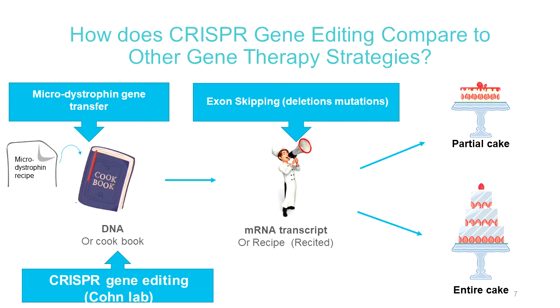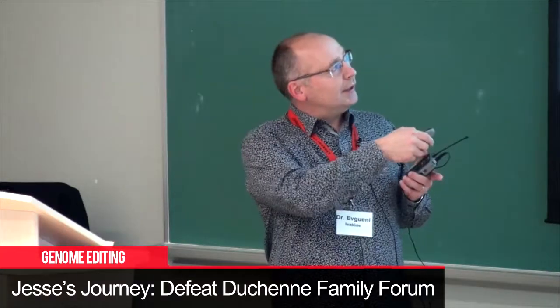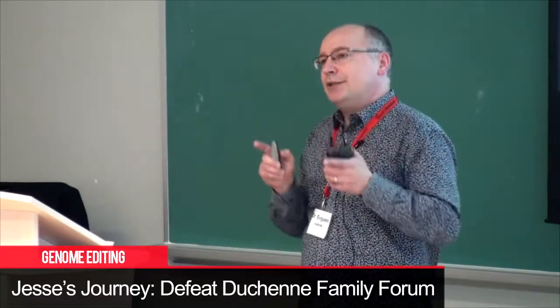So microdystrophin will lead to a smaller protein, a partial cake, but it's still a cake. So we can live with it, we get a prolonged life. Usually if you take a patient with Duchenne, we can convert the patient with Duchenne to a patient with Becker muscular dystrophy. So it's a milder condition.